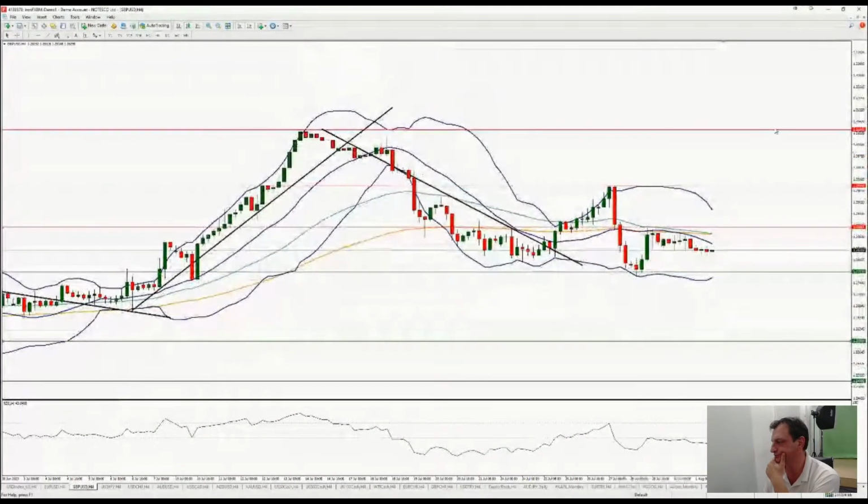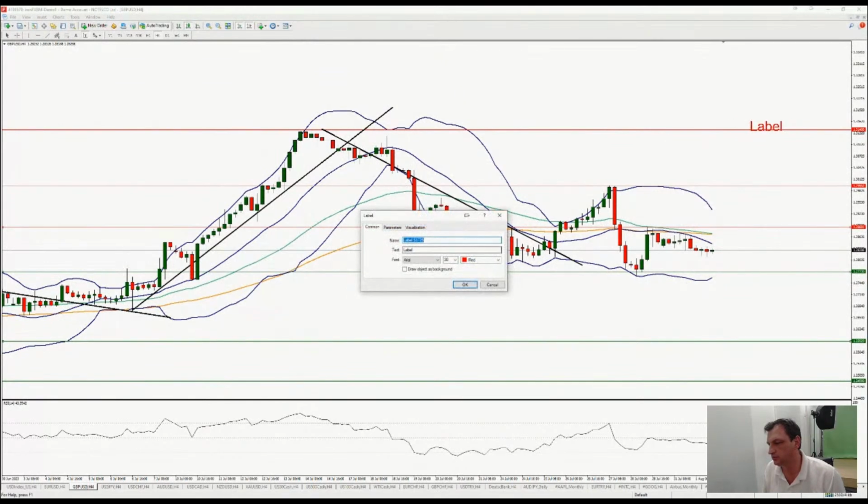Let's start placing labels here. And we make a start with the third resistance line, which is being placed at 1.3140.